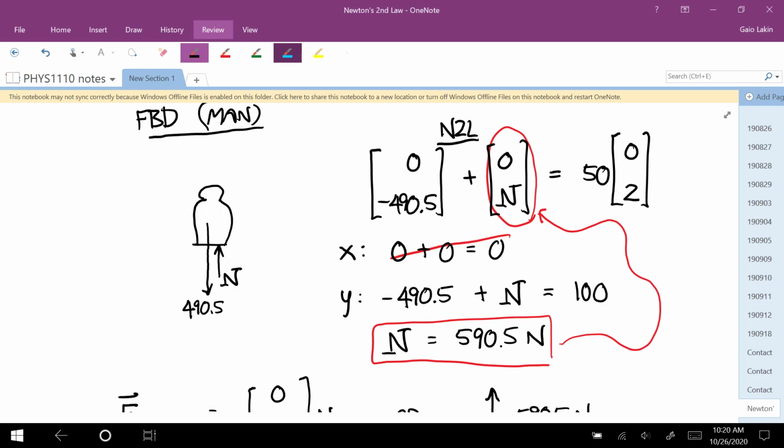When it starts to move up, you feel your knees buckle a little bit. It's putting more force on your feet, the elevator is, in order to keep you accelerating with the elevator. And when it starts to accelerate down, you get the opposite effect. You get a little bit lighter than your weight.